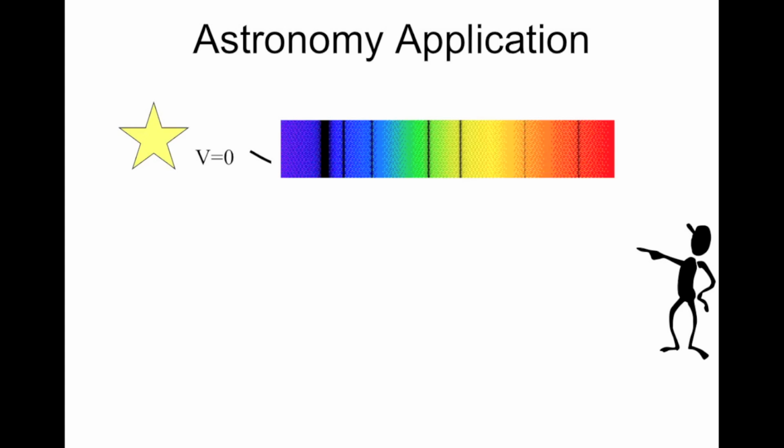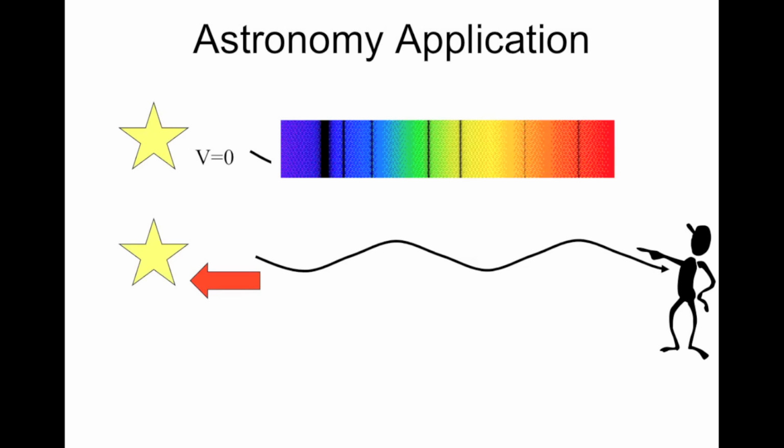We can see that it has absorption lines, and those absorption lines have a specific spacing between them. If the star is moving away, then those absorption lines will actually be shifted to different wavelengths. Because the star is moving away, the wavelengths that the observer detects are going to be longer wavelengths. And so all of the absorption lines in this spectrum should be shifted to longer wavelengths.